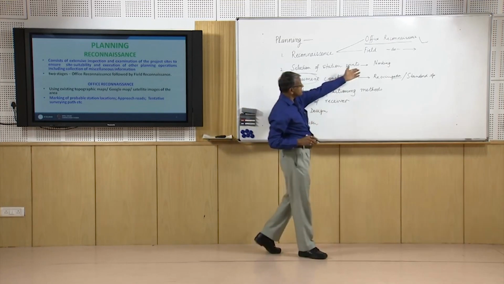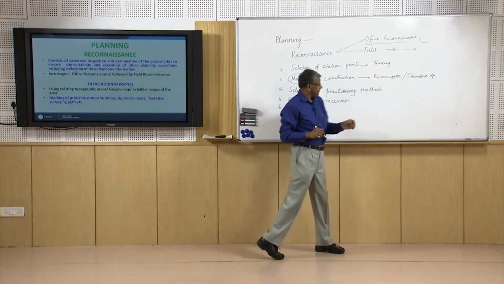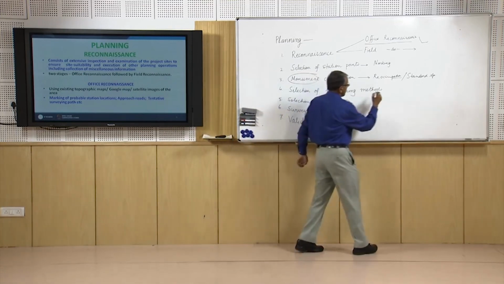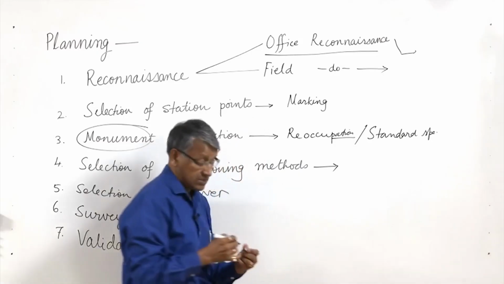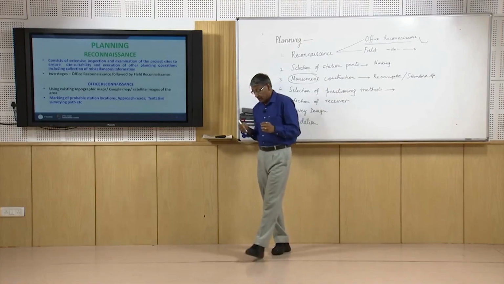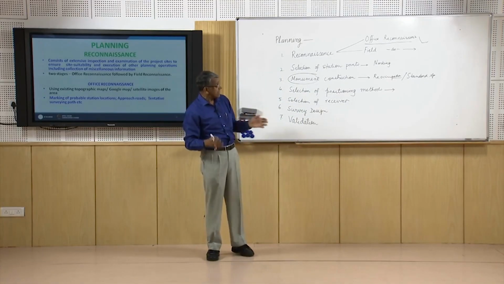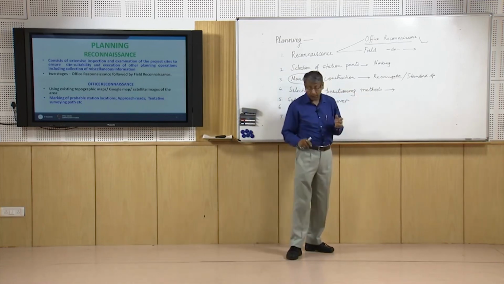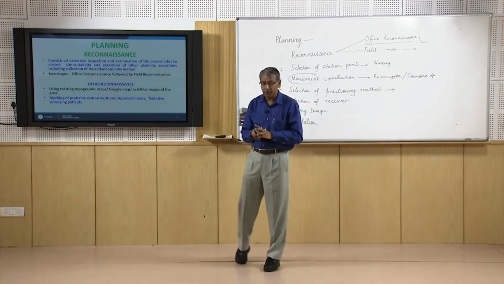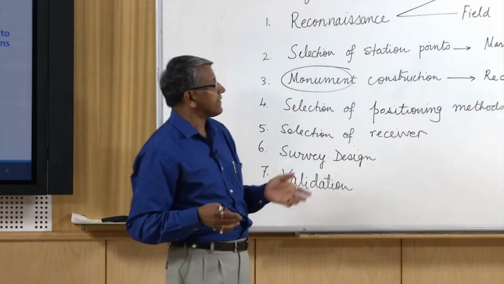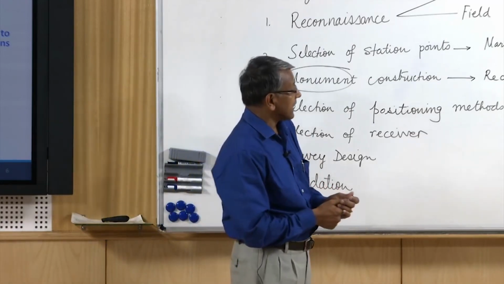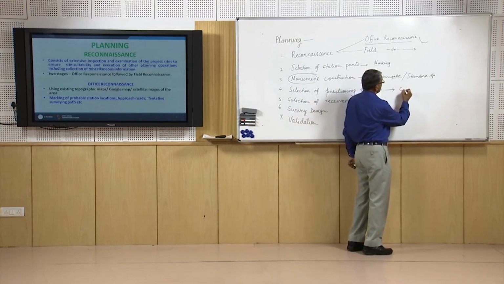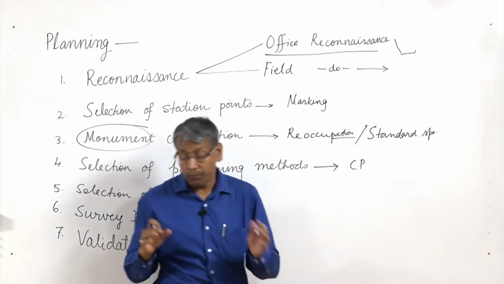So, once the stations are available, now we should go for selection of positioning methods. Actually, the methods that have to be followed during GPS surveying depend upon the nature of the project, the accuracy requirement, and the purpose.